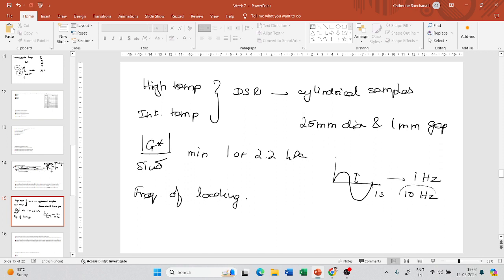This is what should have been the actual value with which the grading should have been given. But by mistake, they did all the calculations with respect to 10 radians per second, and that is why for all the PG grading, we test at 10 radians per second. So what do you mean by 10 radians per second?